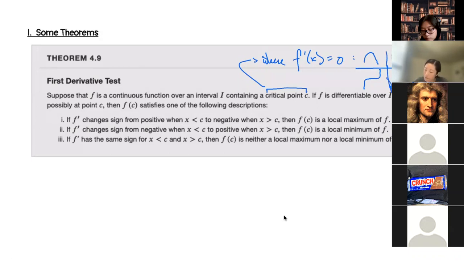Now, if the function is differentiable, meaning that it's a smooth curve, then f of c satisfies one of the following descriptions. One: if f prime changes sign from positive to negative, then f of c is a local maximum.